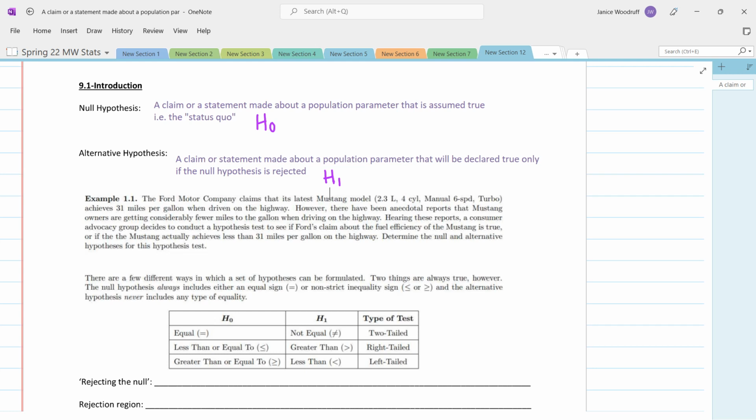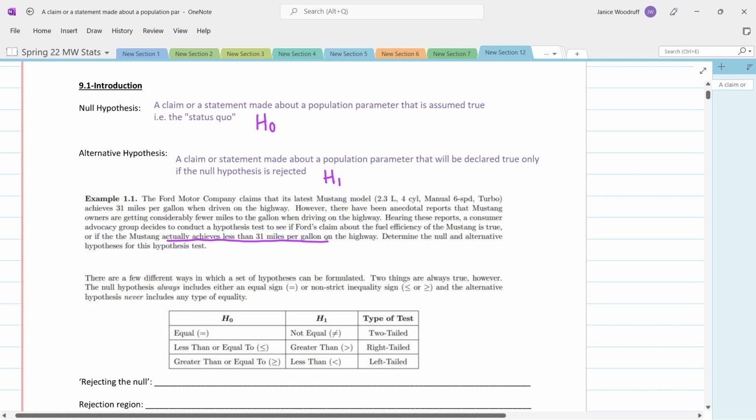So when you're determining the null and the alternative hypothesis, the best way to do this that I have found is to first find what the alternative hypothesis is, and then do the null after that. Here they want to know if it's true, or if the Mustang actually achieves less than 31 miles per gallon.